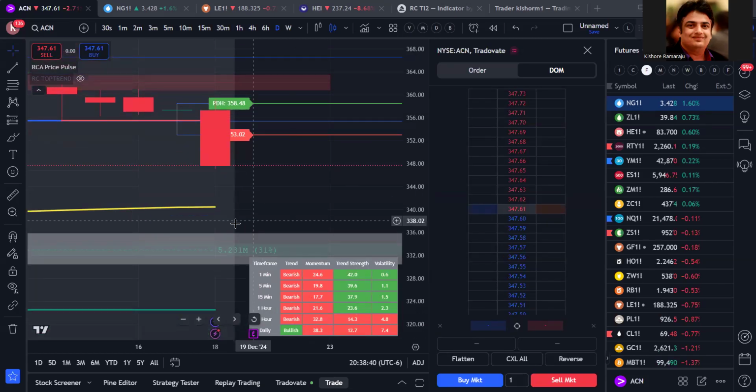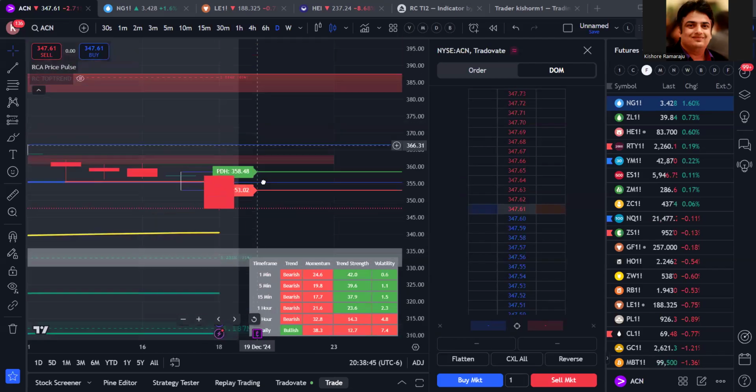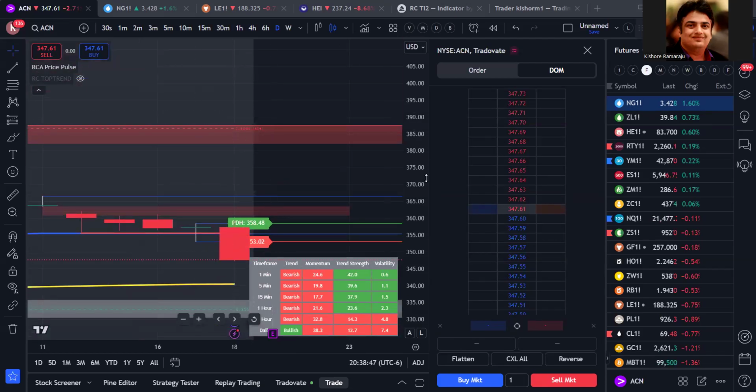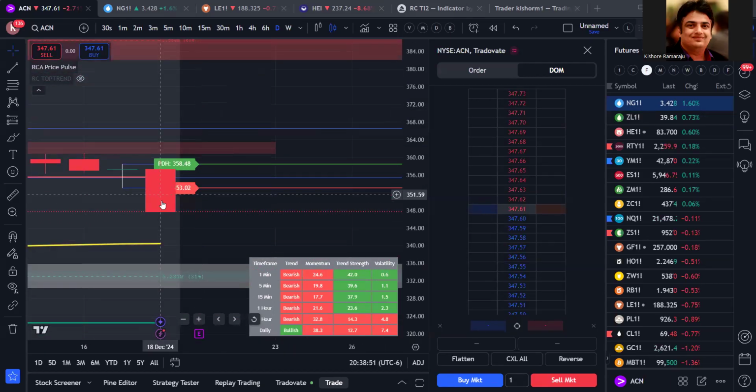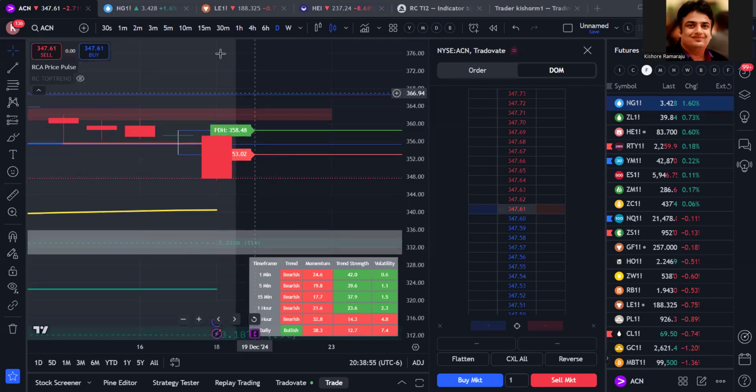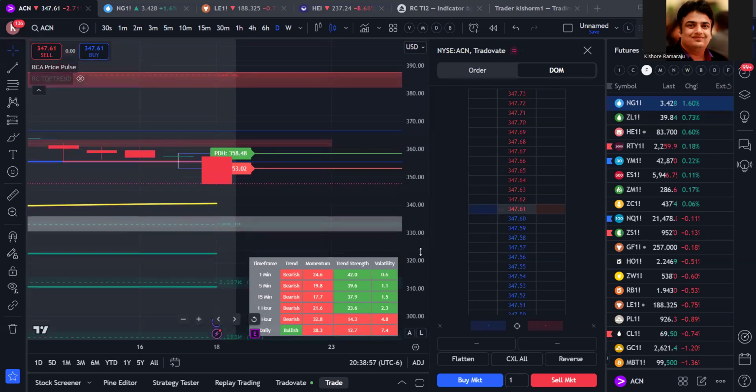At fair value price we have a 5.2 million block, and then you are at a premium zone. There is a 1.5 million block. So there is a high possibility for price to touch this and then bounce back. If it is exactly at fair value or discount, generally it will go up.